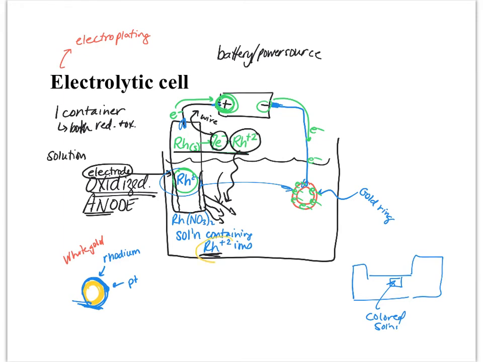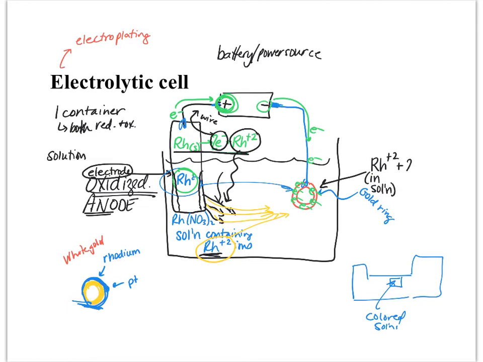These positive ions. Those positive ions that are in the solution, plus there's more positive ions that were dropped into the solution as the atoms were breaking down. So at this electrode, the ring, the object that we're covering, we have the ions that were in the solution.